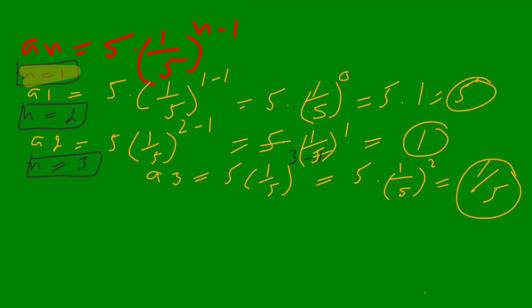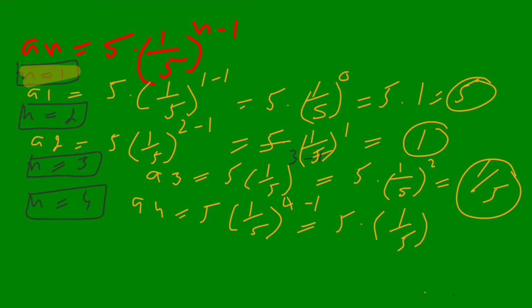Next, n is equal to 4. A4 is equal to 5 into 1 over 5 whole power 4 minus 1, is equal to 5 multiply 1 over 5 whole power 3.